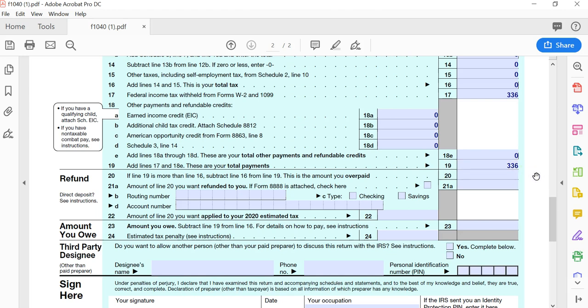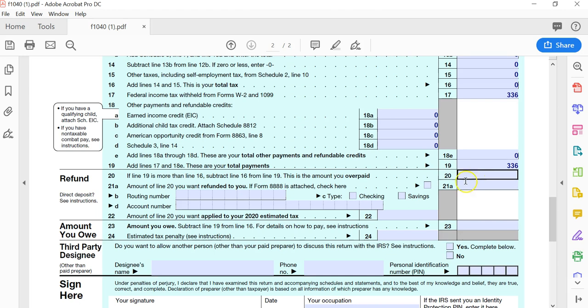So then here comes the fun part, determining how much we're either going to get in a refund or we owe. Now keep in mind, we already know that we don't have any income that's taxable, but we paid $336 in taxes. And so more than that means that we're going to be getting some kind of money back because we know that we weren't supposed to pay taxes and we did.